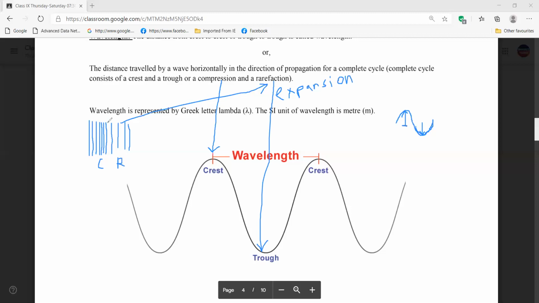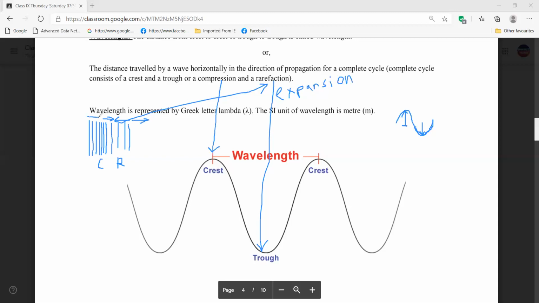So this one is compression, this one is rarefaction. In a longitudinal wave, that is a sound wave, we are getting compression and then expansion, right? The particles are moving left and right, forward and backward.